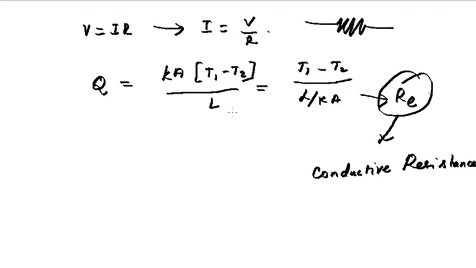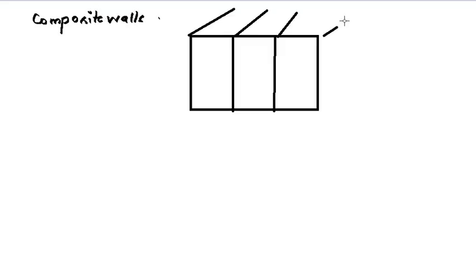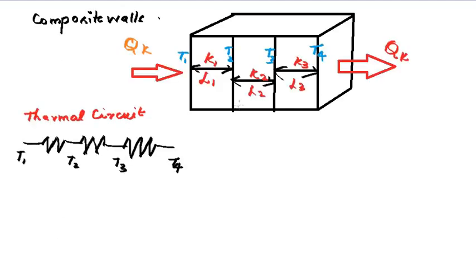Now we'll move on to the composite walls. So in a composite wall, we can see from the diagram the wall is made up of three materials. Material 1 has conductivity k1, material 2 has conductivity k2, and correspondingly k3 for material 3.